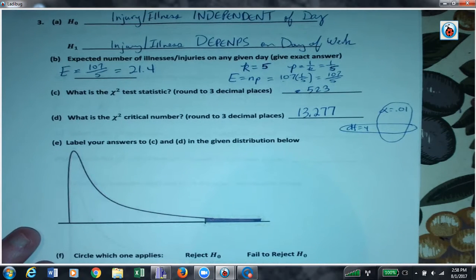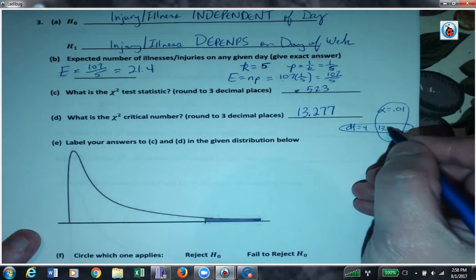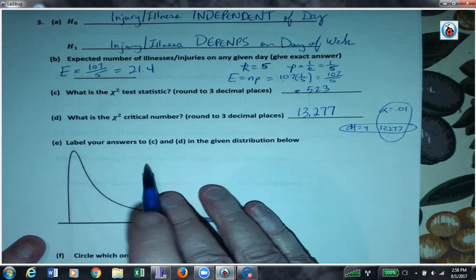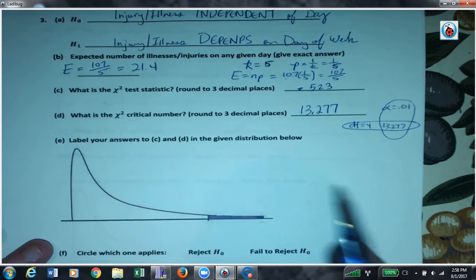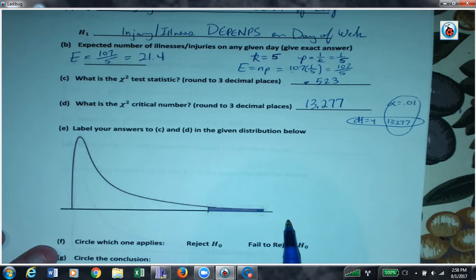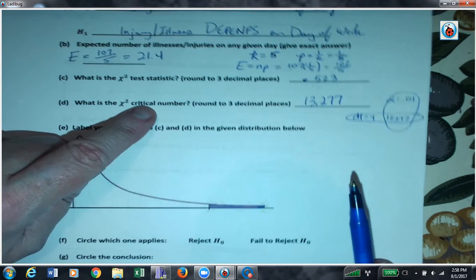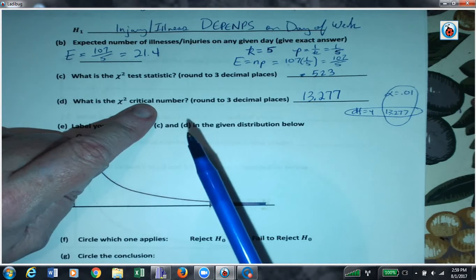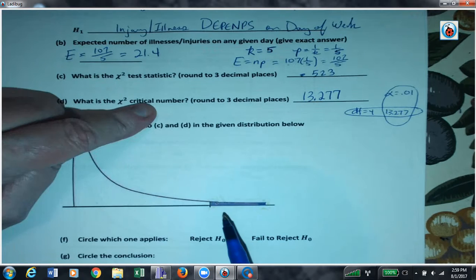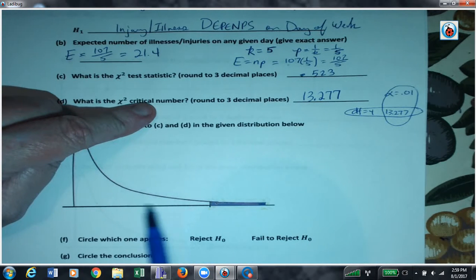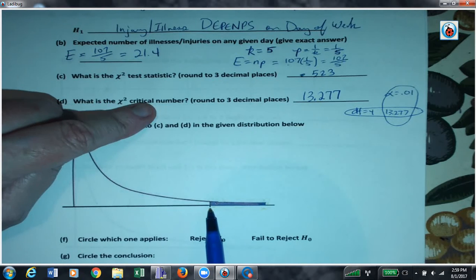Now, label your answers to C and D in the given distribution. This is a chi-squared distribution. The critical number, as we have learned now for weeks, is the number that separates the rejection zone from the zone where we accept. So this is always our critical number.